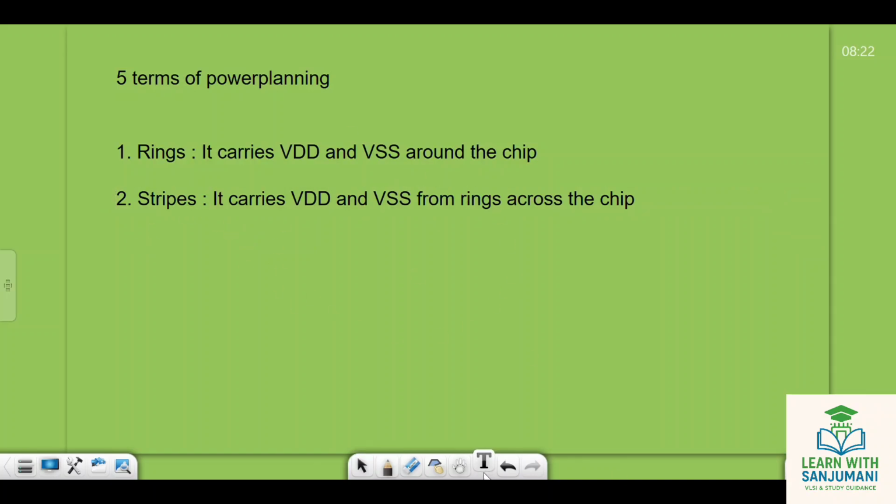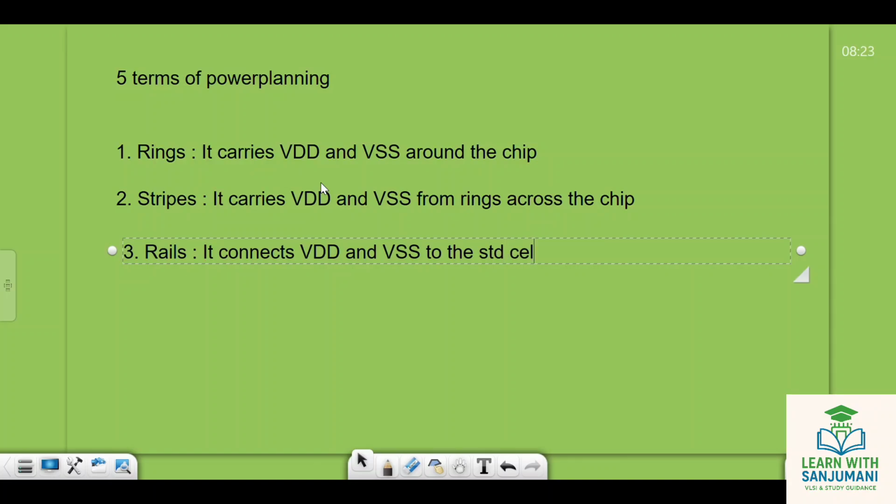Now the third one is rails. What is meant by rails? I will show you the image also, then only you will understand properly. It connects VDD and VSS to the standard cell.